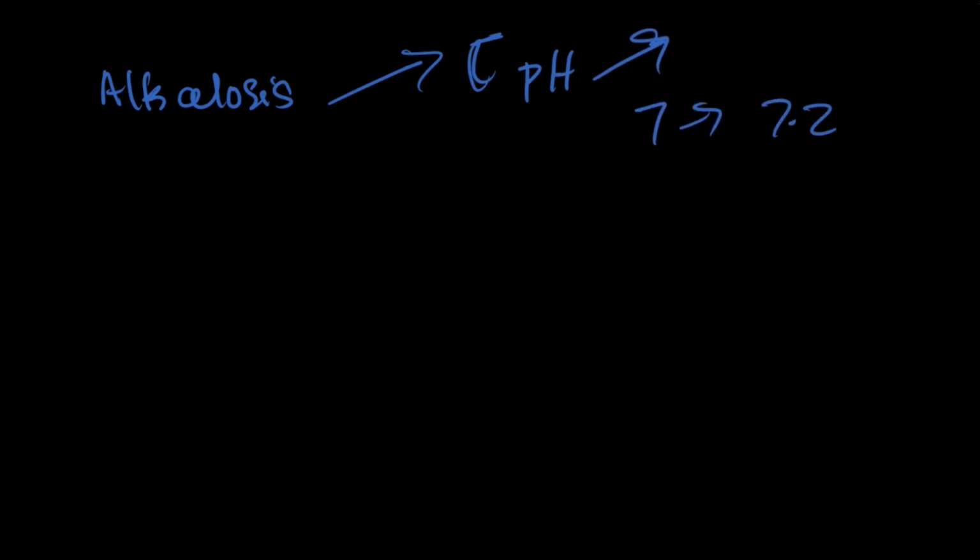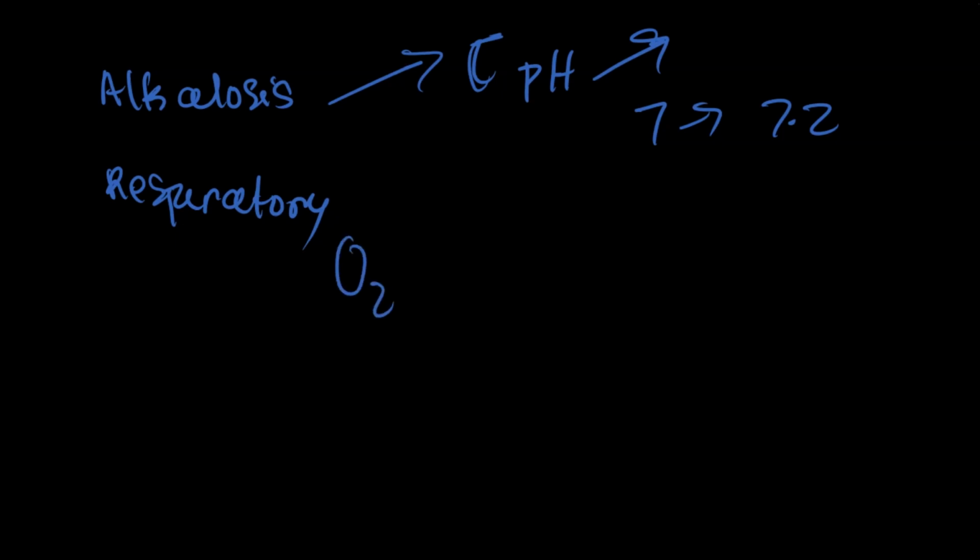Next is alkalosis. Now alkalosis is an unusual rise in the concentration of the base, so essentially we have an increase in pH. So the pH could shoot from 7 to say 7.2. Like acidosis, we also have respiratory alkalosis, which could result from hyperventilation.